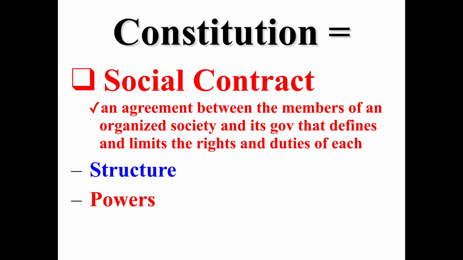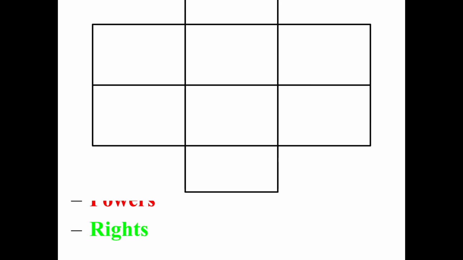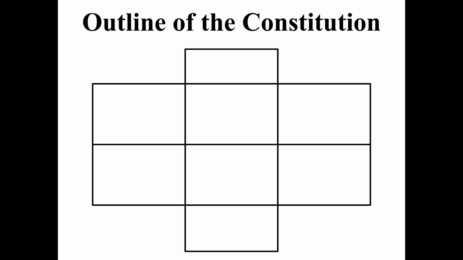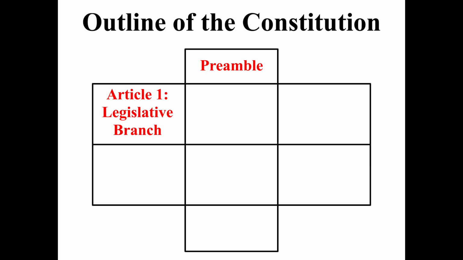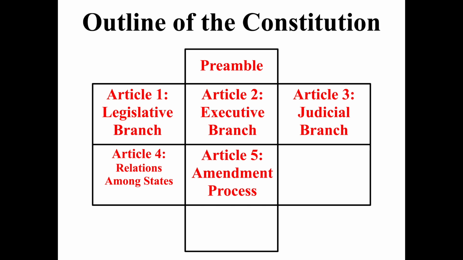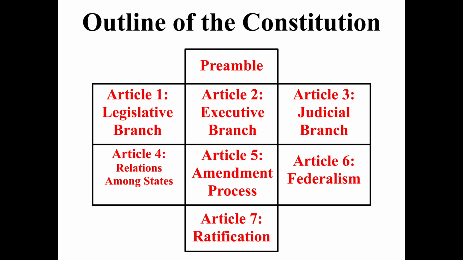The structure we'll get into just a little bit today as far as the basic structure, and we'll start talking about powers when we get into Article 1 in the next couple of days. We won't really get into rights today either. We'll do that when we cover the amendments. And so this is the basic structure. There are 8 parts, including the preamble and 7 articles.